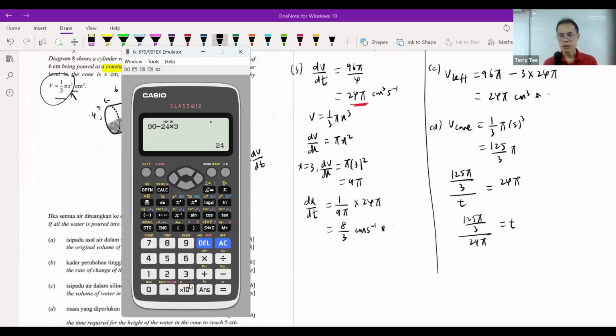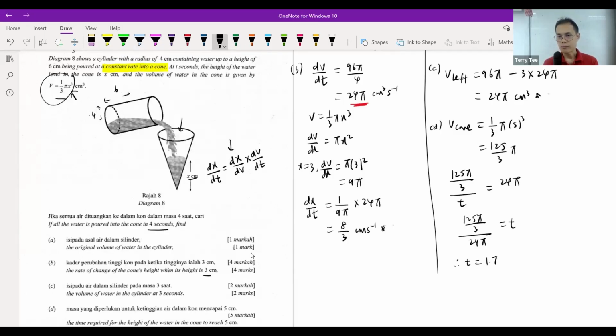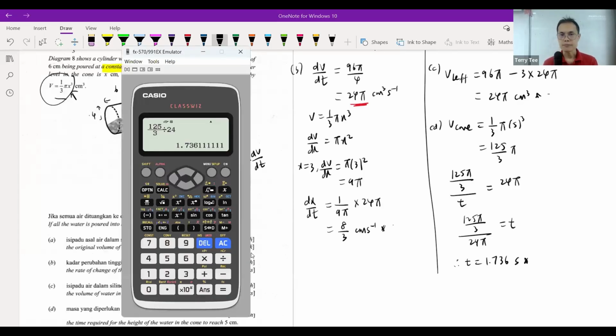So take 125/3, you can ignore the pi because the pi can cancel out. You divide by 24, answer 125/72. If you change to decimal, 1.736. Therefore the time taken is 1.736 seconds.